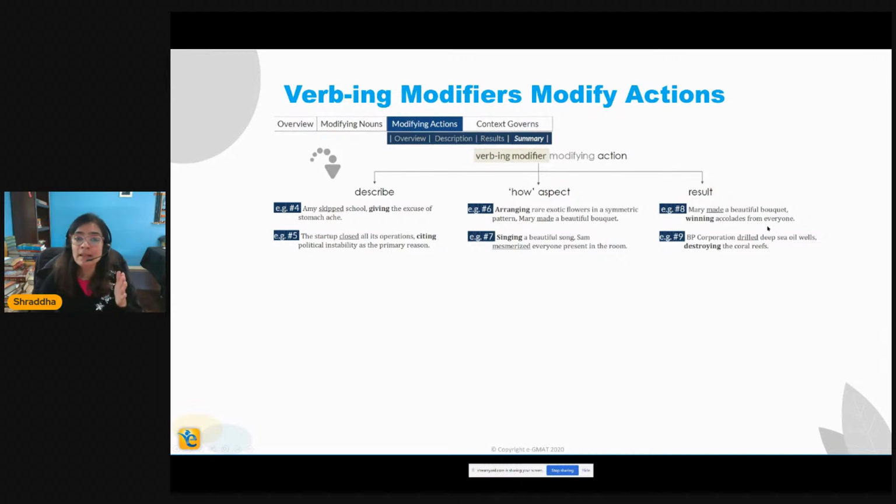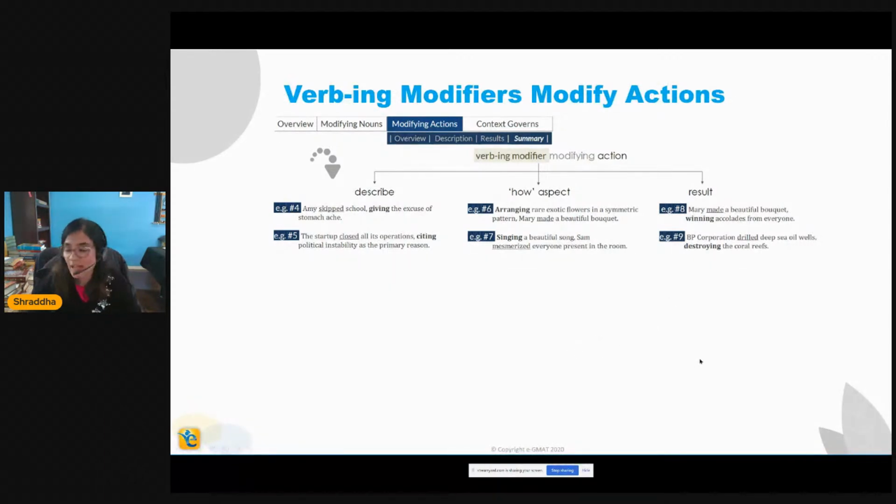Okay, so this thing we'll have to keep in mind, because there are many official sentences I have seen where the result actually is written before the cause. The sentence starts maybe with the verb ing modifier, which is actually presenting the result, and the cause is written later, and that sequencing is absolutely wrong. We cannot do so. So that's a point to note.